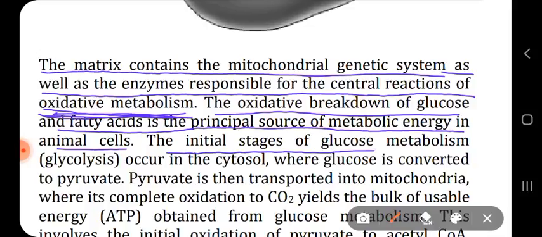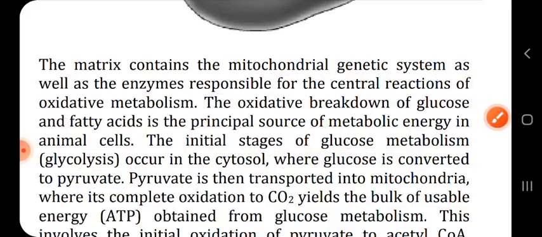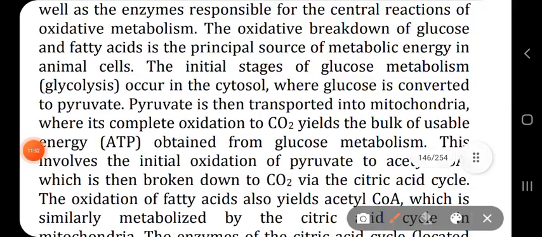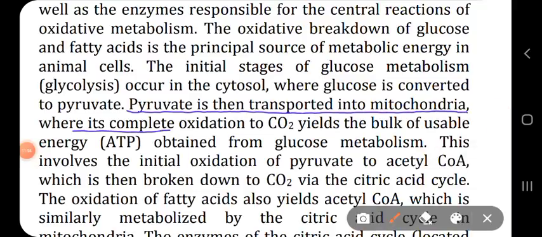Initial stages of glucose metabolism is your glycolysis. As you know, it occurs within the cytoplasm where glucose is converted into pyruvate. Then pyruvate is transported into the mitochondria where complete oxidation to CO2 yields the bulk of usable energy obtained from glucose metabolism.